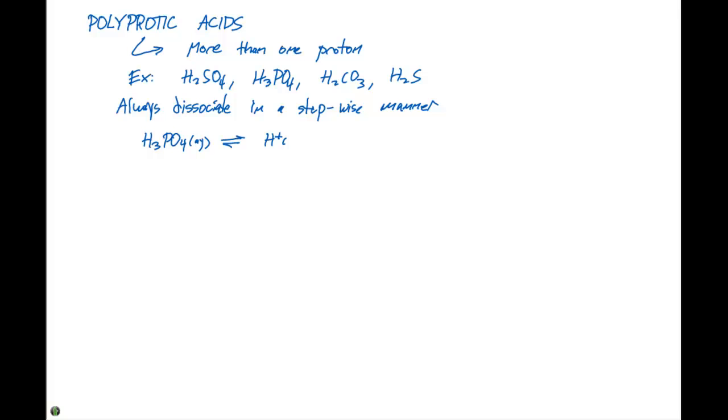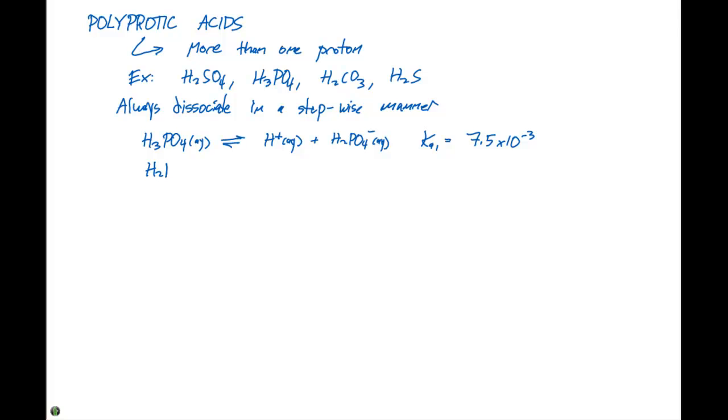H3PO4 is going to be in equilibrium with H plus and H2PO4 minus in solution. The Ka for this, which we'll call Ka1, is going to be 7.5 times 10 to the minus 3.